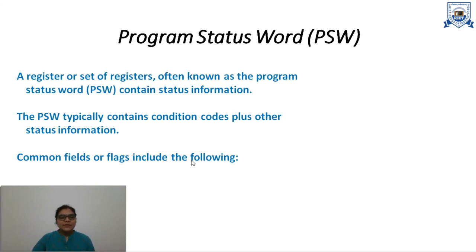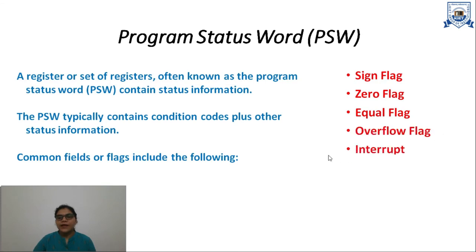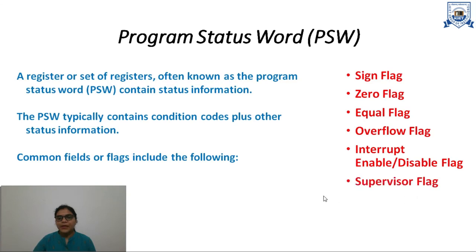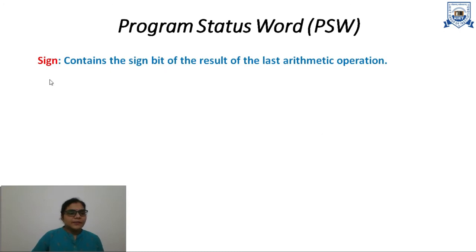So we have some flag registers such as sign flag, zero flag, equal flag, overflow flag, and interrupt enable/disable flag, and in the last, supervisor flag. Sign flag. The sign flag contains the sign bit of the result of the last arithmetic operation. The sign bit denotes the sign of the result. The sign can be positive or negative.